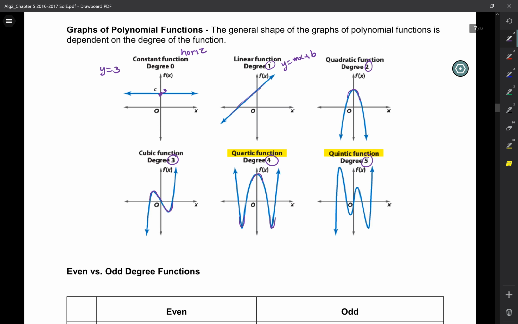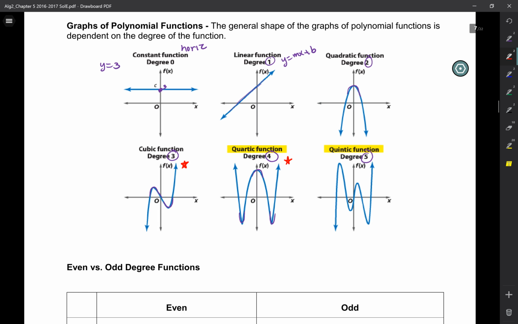Now let's take a look at some other patterns. I want you to specifically focus on the graph for a 3rd degree and the graph for a 4th degree. Anybody notice? Let's think about what similarities and maybe what a difference we can come up with.